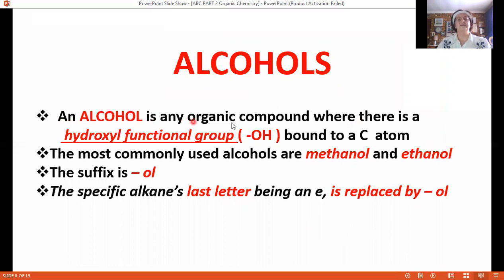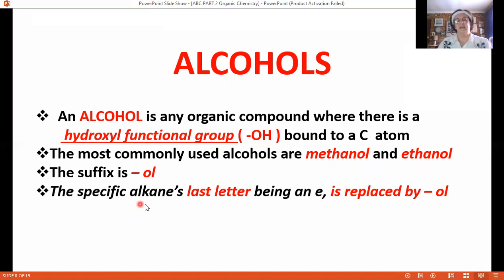Now an alcohol is an organic compound where there is a hydroxyl functional group. So you get a hydroxide added to a carbon atom, minus OH. The most commonly used alcohols are methanol or ethanol, the suffix then being -ol.